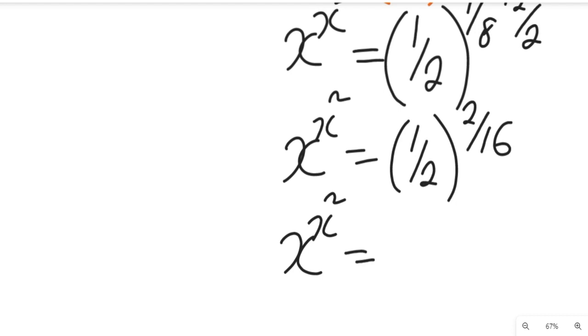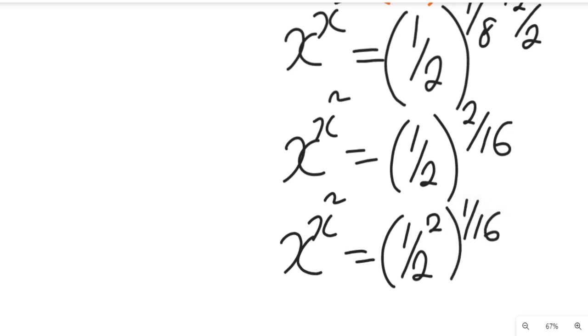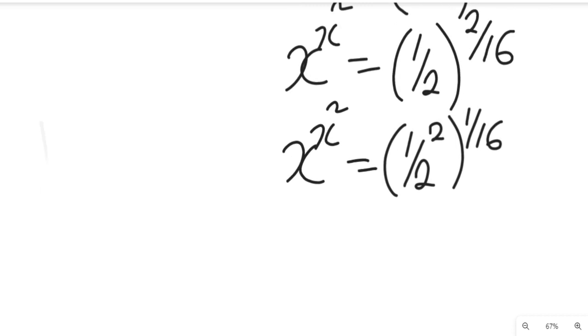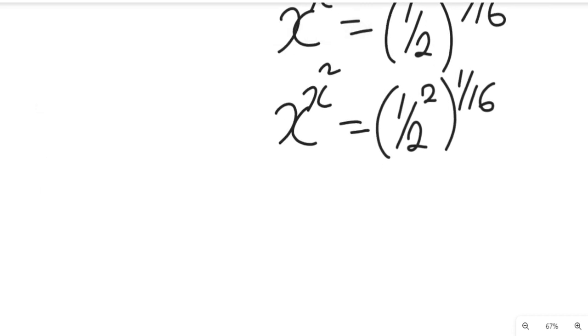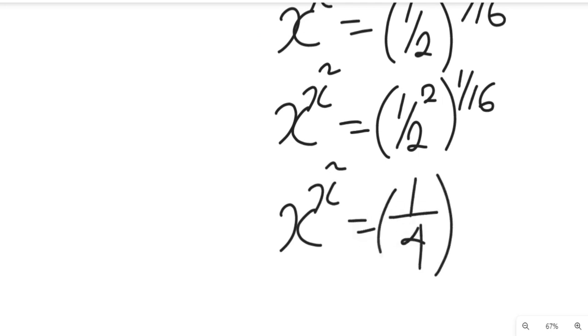If this is separated, I can now have 1 divided by 2 squared all to the power of 1 divided by 16, right? Now if I simplify that, I can have x to the power of x squared equal to 1 divided by 4 all to the power of 1 divided by what?